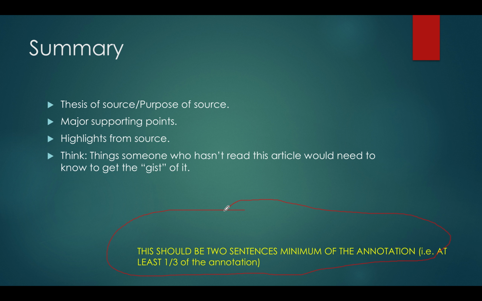The summary should take the book, the article, or the internet site, and summarize it, including things like the thesis, the purpose, the major supporting points, and any highlights from the source. I tell students, anything that someone who hasn't read the article would need to know to get the gist of it. This is probably the simplest part of annotations.